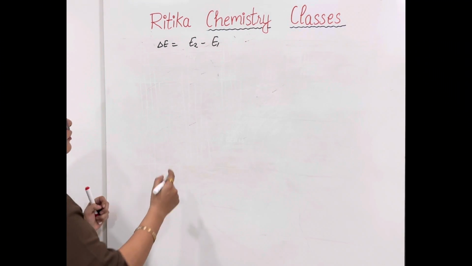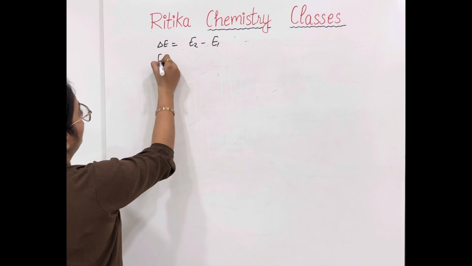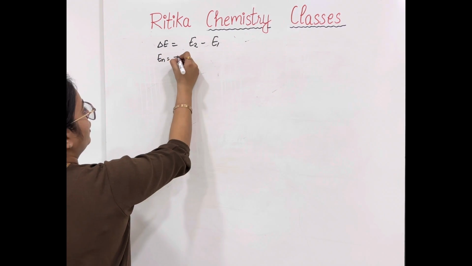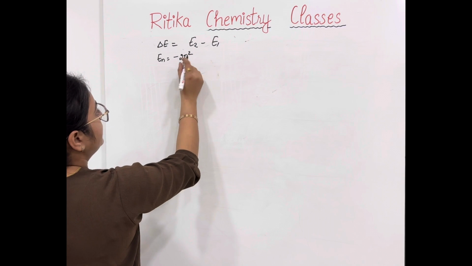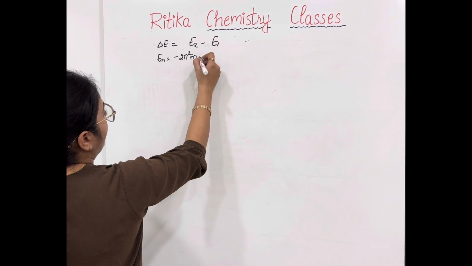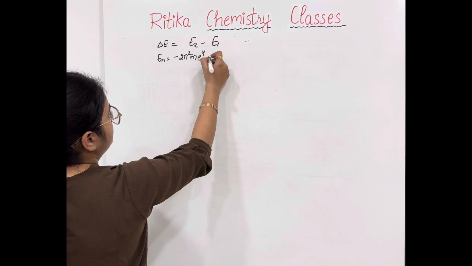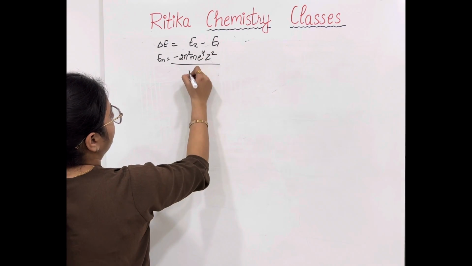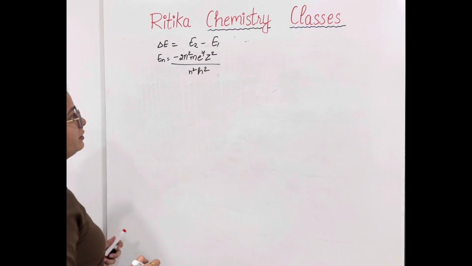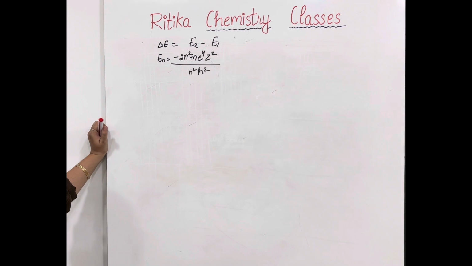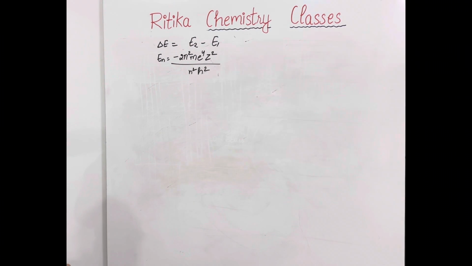And as we have studied, the energy of an electron in the nth orbit is given by minus 2 pi square m e raised to power 4 z square upon n square h square. In case of hydrogen atom, the value of z will be equal to 1.